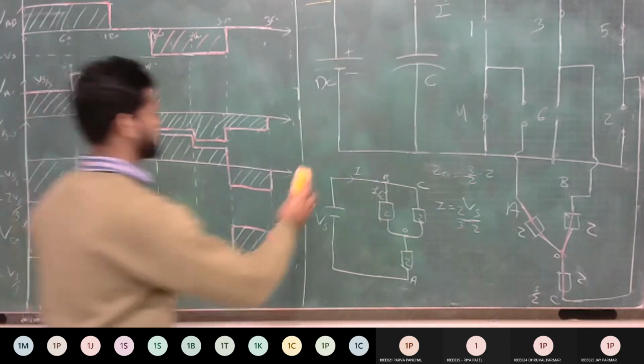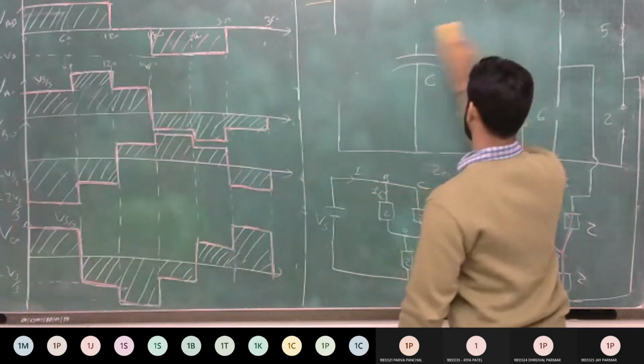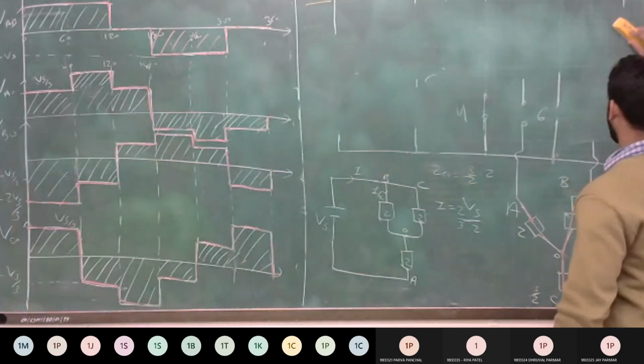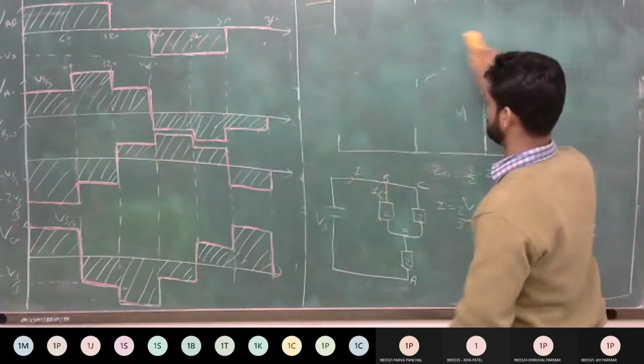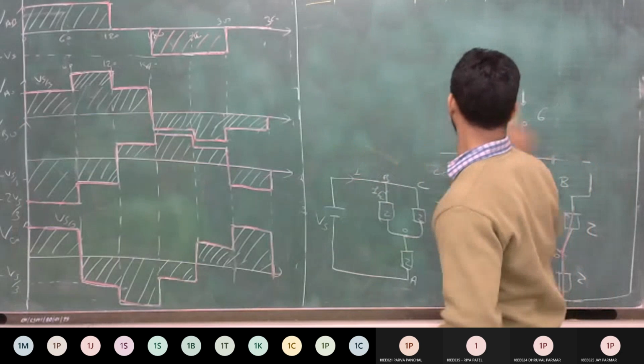So here I am deriving the equation of Fourier analysis, and just write down the equation of Fourier analysis of the output line voltages.